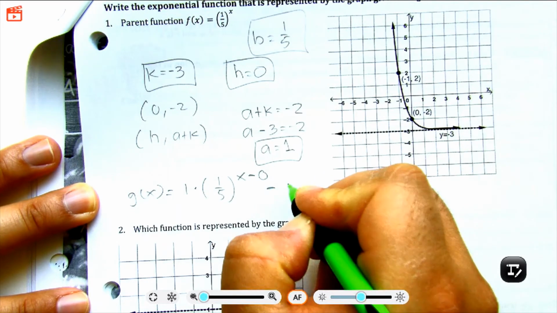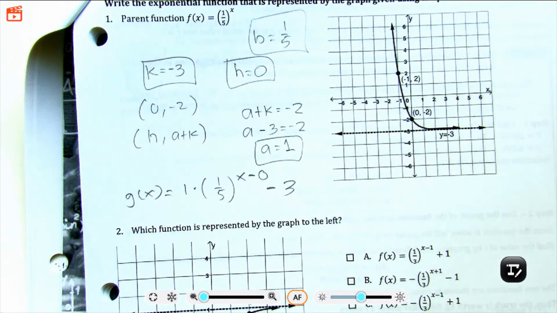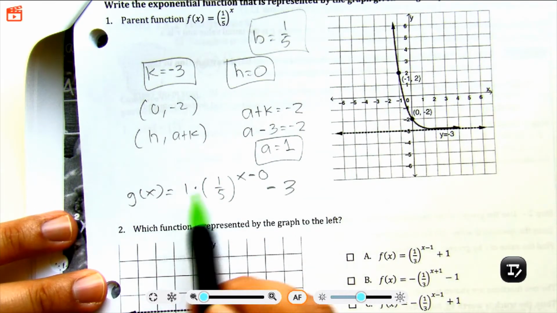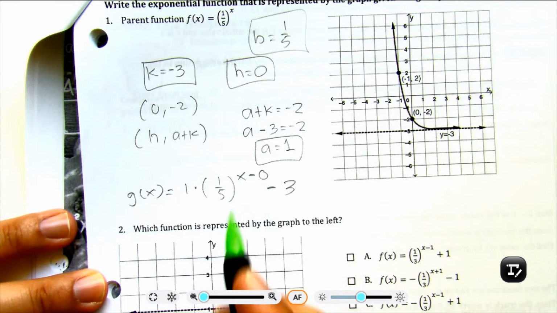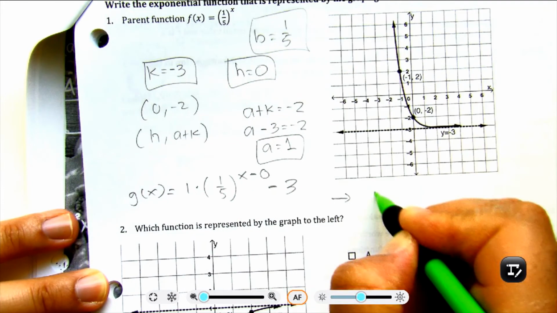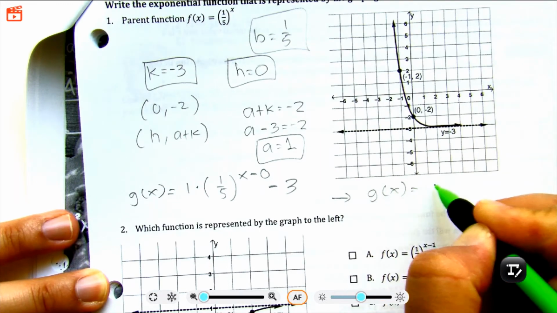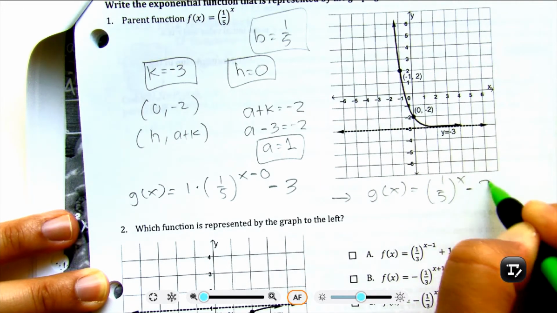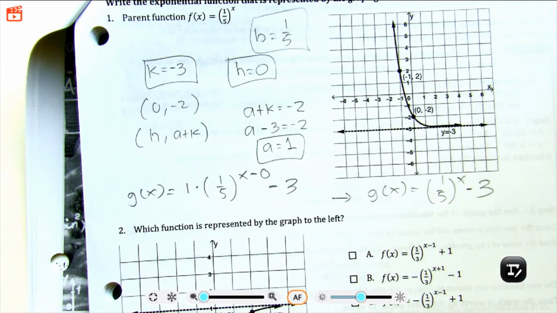So then we don't really need this 1 here, and x minus 0 is just x. So this becomes g of x is equal to 1 over 5 to the x power minus 3. And that will be your solution for the transformed function.